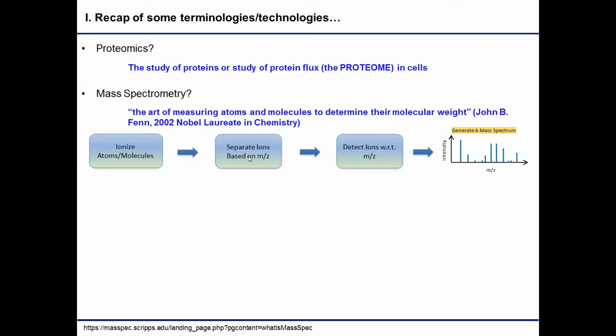There are many ways that you can separate ions based on the M over Z value, and there are many ways you can detect them. So depending on the application, you can ionize molecules in different ways. For instance, either electrospray ionization or matrix-assisted laser desorption ionization, or chemical ionization or electron ionization.